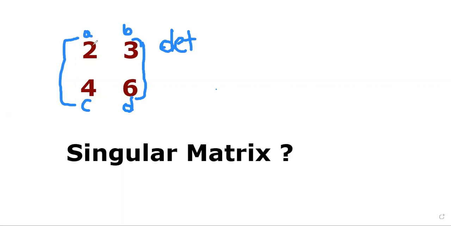So it's a leading diagonal. So it's A D minus B C, right? So all we're doing is multiplying 2 times 2.